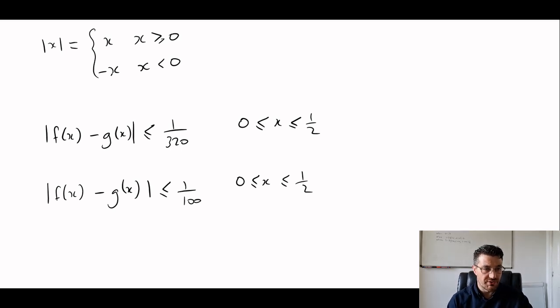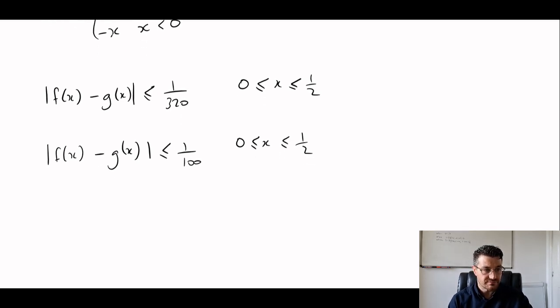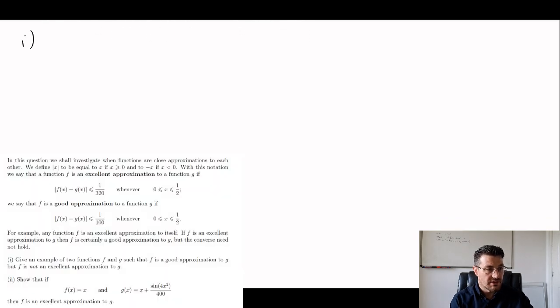Okay, so question number 1 then. Let's get going. Question number 1, part i: give an example of two functions f and g such that f is a good approximation to g, but f is not an excellent approximation to g. So you're spoiled for choice here.